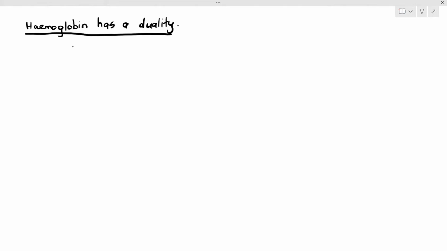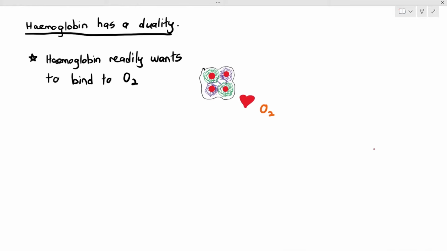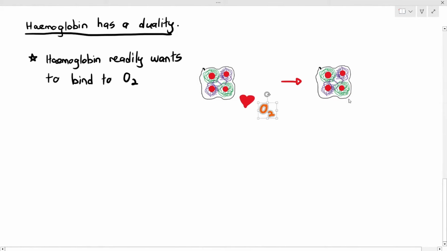The first thing is that hemoglobin readily wants to bind to oxygen, which means to say hemoglobin loves oxygen or has a high affinity to oxygen. So when it binds to the oxygen, it forms oxyhemoglobin. So you would think that this hemoglobin is this molecule or this protein that just wants to hold on to oxygen and never wants to let go of this oxygen.